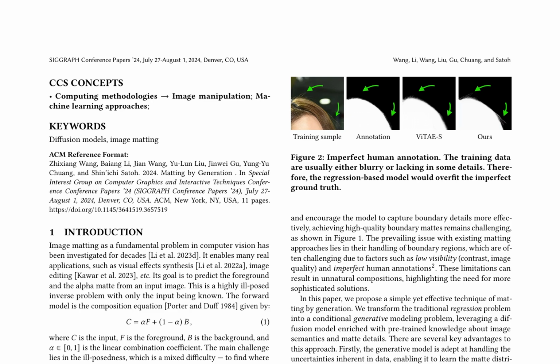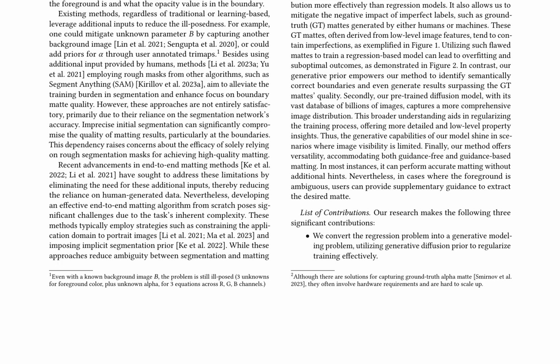Nevertheless, developing an effective end-to-end matting algorithm from scratch poses significant challenges due to the task's inherent complexity. The proposed method transforms the traditional regression problem into a conditional generative modeling problem, leveraging a diffusion model enriched with pre-trained knowledge about image semantics and matte details.